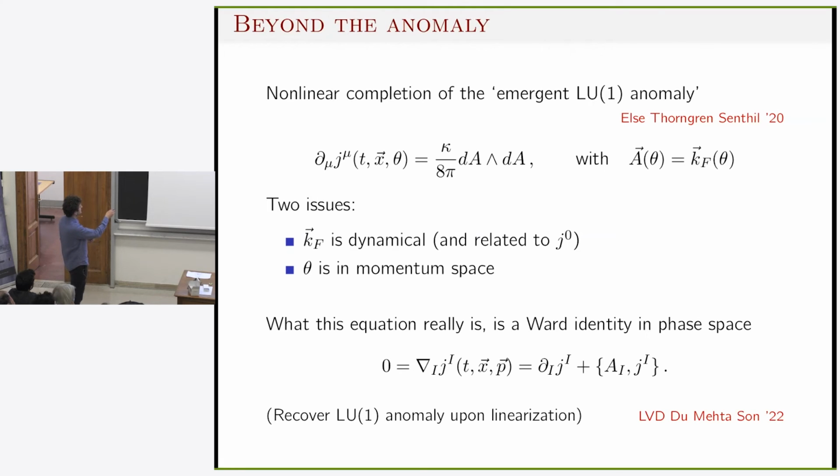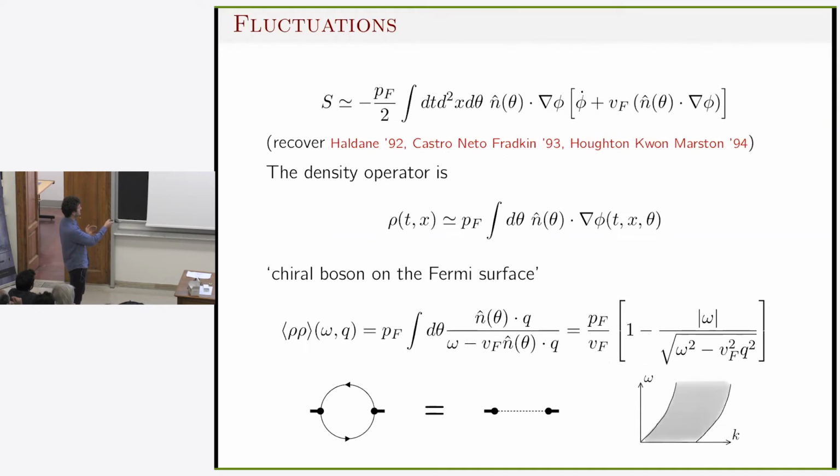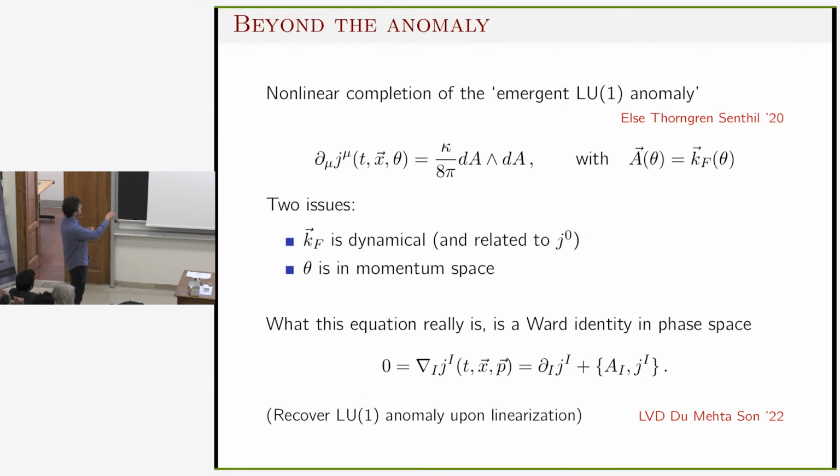Okay, so in particular, there's some kind of U(1) symmetry at every angle theta. Naively, you can think of it as the fact that density at every angle is conserved. Okay, this is certainly the case in our Gaussian Fermi liquid where every angle is decoupled. But not only that, it also has an anomaly with some non-trivial coefficients. And you can think of this, and in particular, the background gauge field for this anomaly.